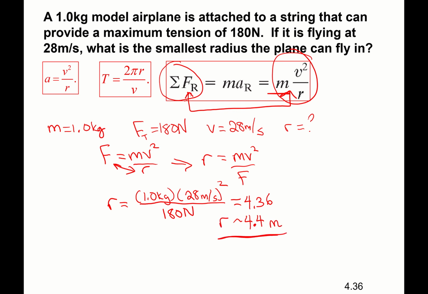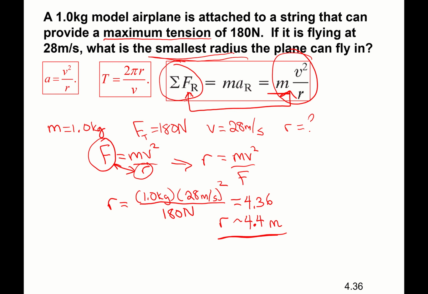Okay, so what does it mean when it asks what's the smallest radius the plane can fly in, and the maximum tension? How do those two relate to each other? Well, in my equation F is mv squared over r, so if I make my r smaller, the force gets bigger. If I'm swinging this model airplane around at 28 meters per second, and I make the string shorter and shorter, the force is going to get bigger and bigger.